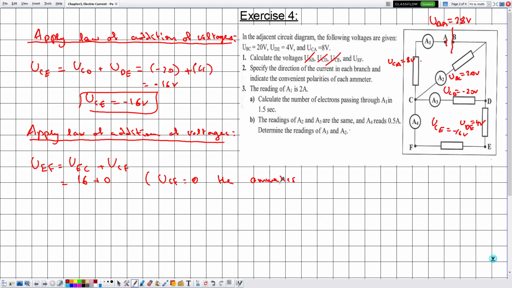Here we need to specify the reasons, because we didn't discuss this previously. So this is equal to 16 volts. So UEF is equal to 16 volts. And let me write here that UEF is equal to 16 volts.